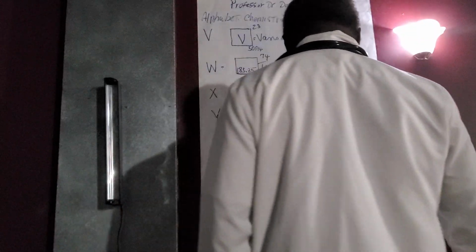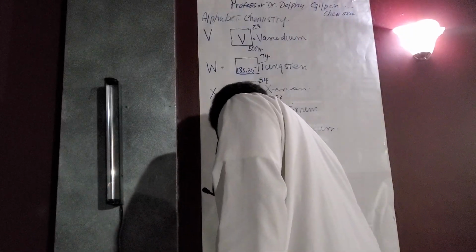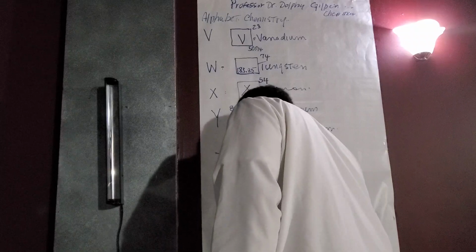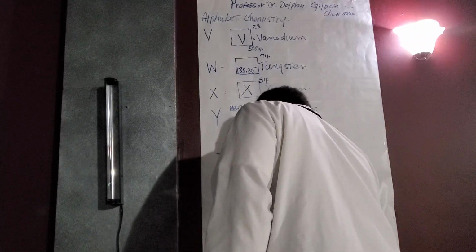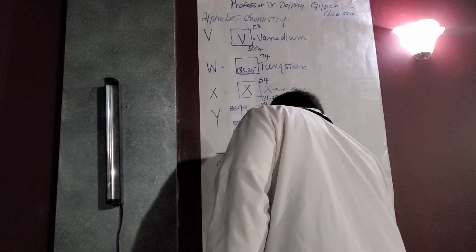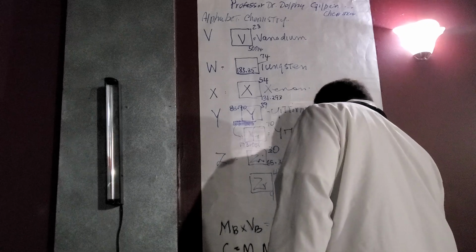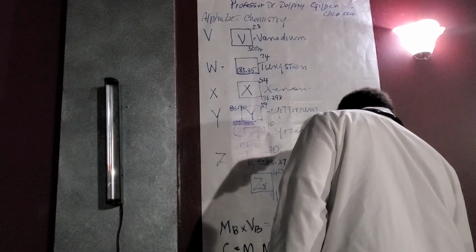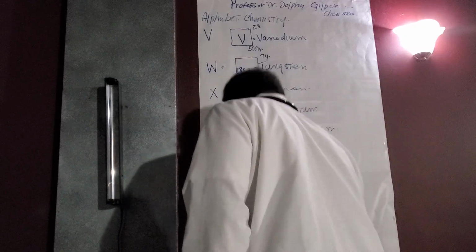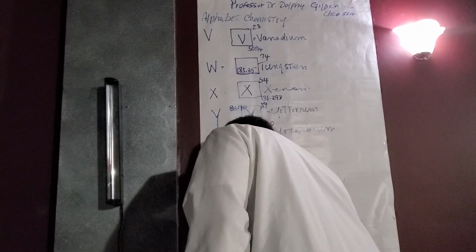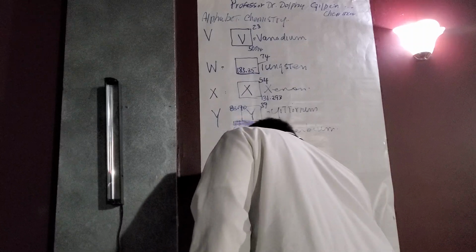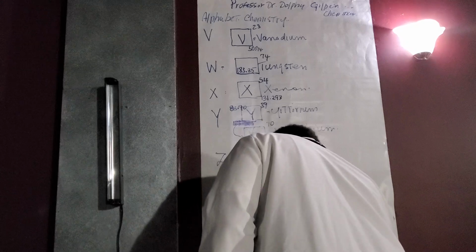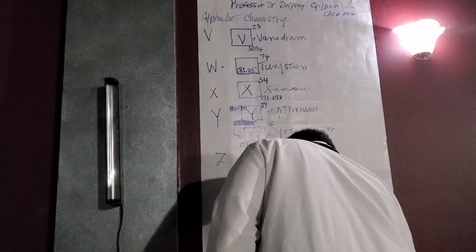And the amount of molecules in 1 mole or gram mole of any substance was equal to the Avogadro's number, which is equal to 6.02 multiplied by 10 to the 23 molecules.